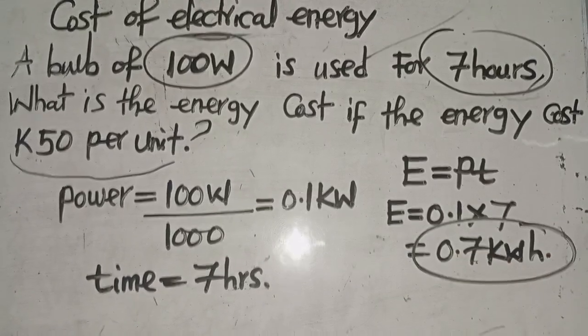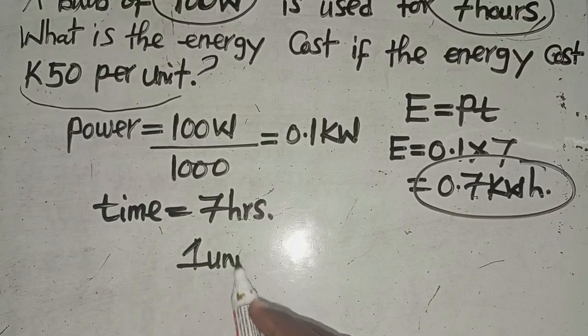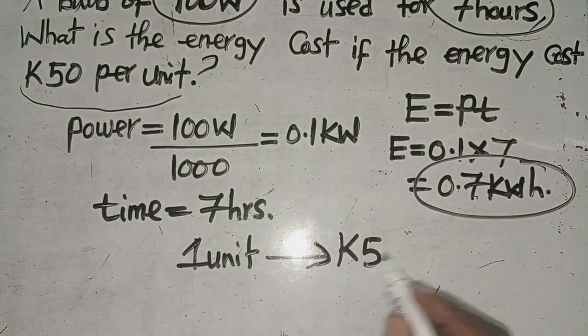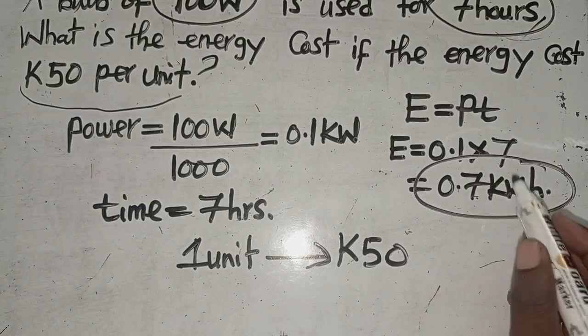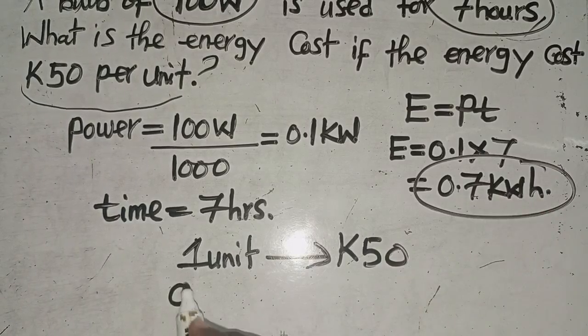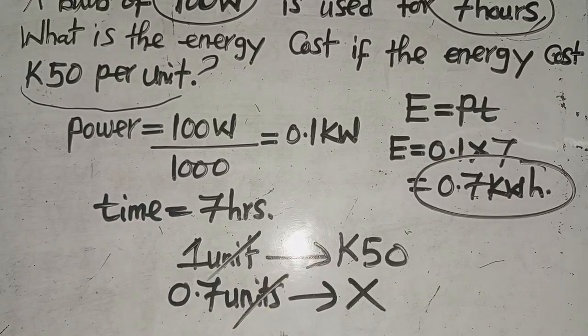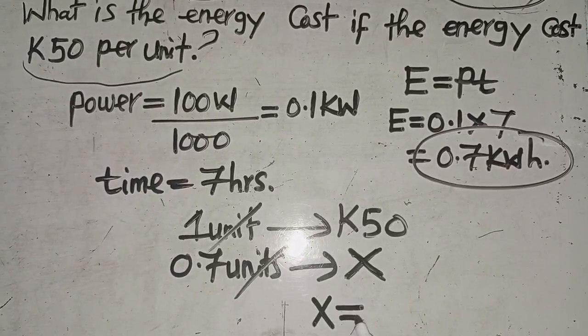So we conclude by saying we know that 1 unit is equivalent to 50 kwacha, as we are given 50 kwacha per unit. Kilowatt hour is units, so 0.7 units is x. 1 times x is x, which is equal to 0.7 times 50.